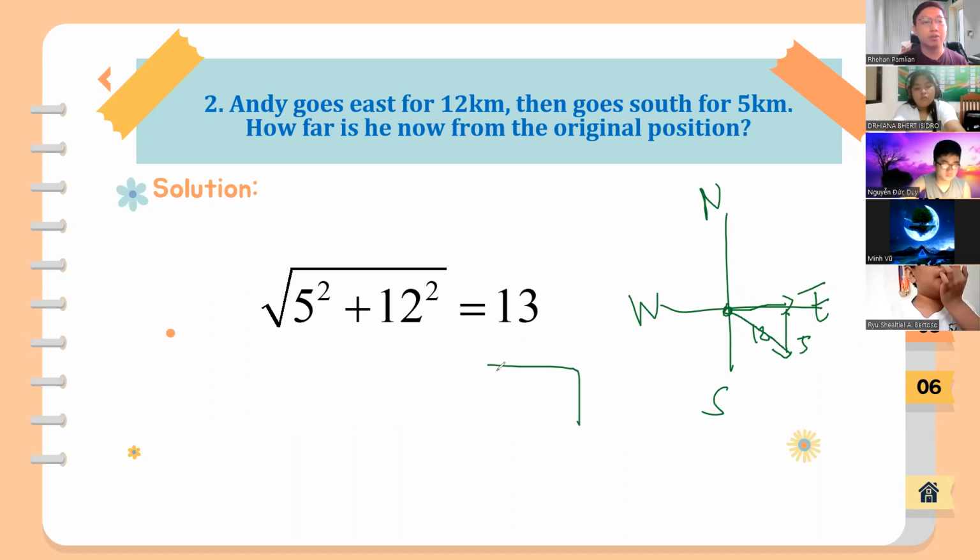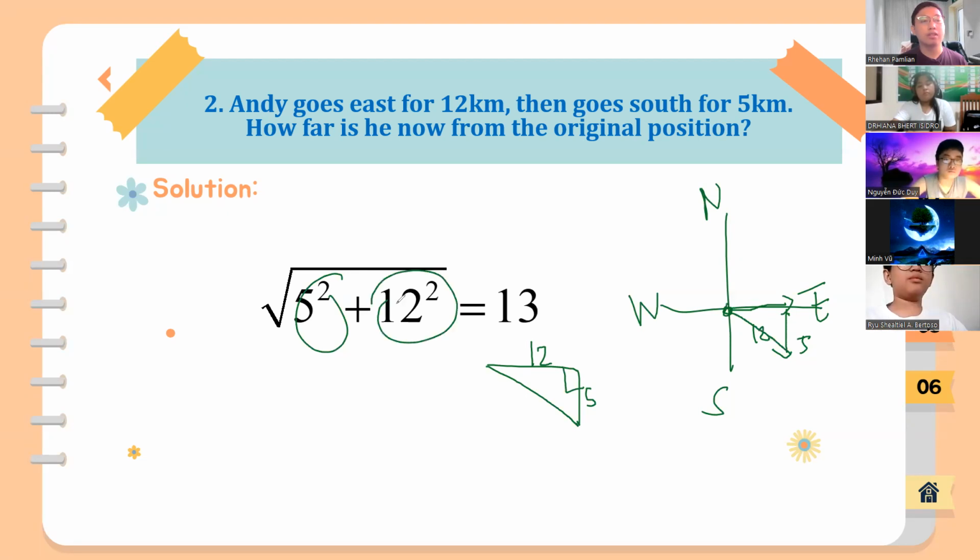You are forming a right triangle with side lengths 12 and 5. By the Pythagorean theorem, take the square root of 5 squared plus 12 squared, and you'll have the third side. The third side will be 13, and that is the distance from the original position to Andy's final position. Did you guys understand?